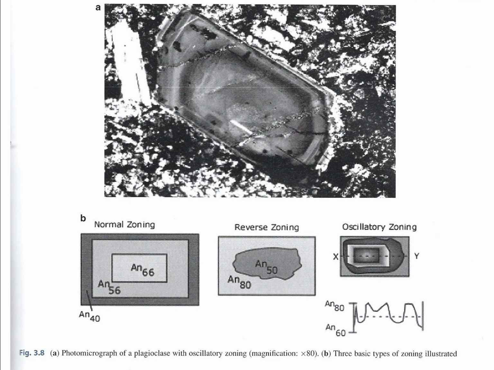And then the other one, on the right hand, we have an oscillatory zonation. There we have the variation between anorthite 60 and 80, which goes always up and down, up and down. Then we have maybe more injection phases. And we as petrologists have to study all these features.